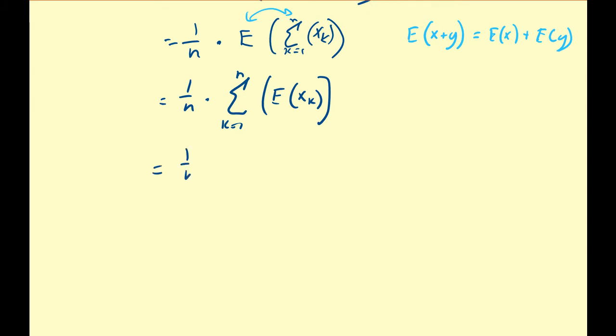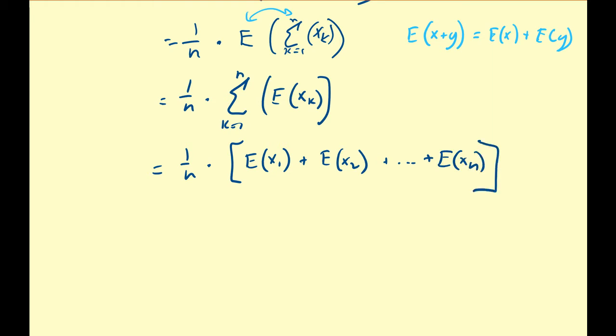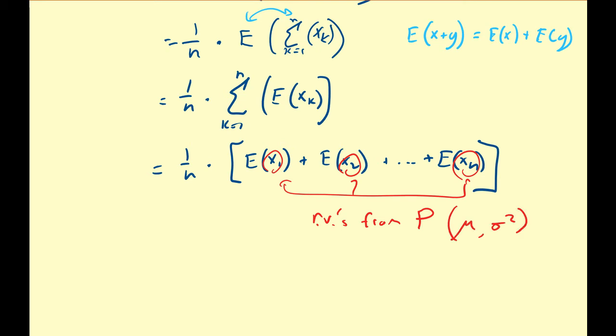I can rewrite this in expanded form: the expected value of x1 plus the expected value of x2 all the way down to the expected value of xn. And remember, x1, x2 all the way down are random variables from the population P, and P has a mean mu and a variance sigma squared.